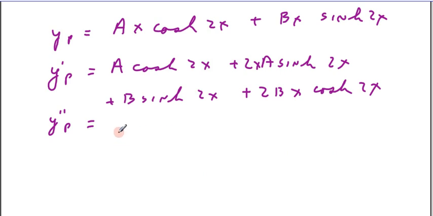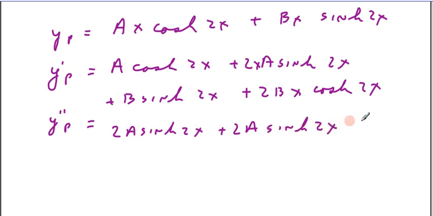So I've got 2a hyperbolic sine 2x plus 2a hyperbolic sine 2x plus 4x hyperbolic sine hyperbolic cosine 2x hyperbolic cosine of 2x.